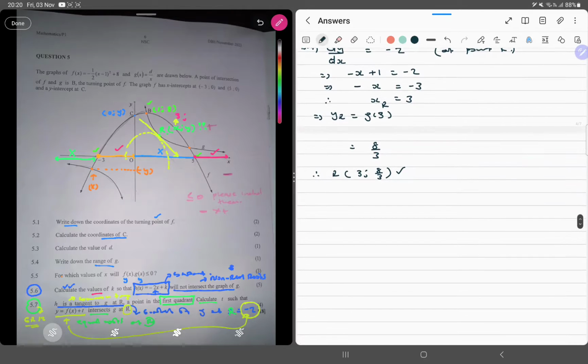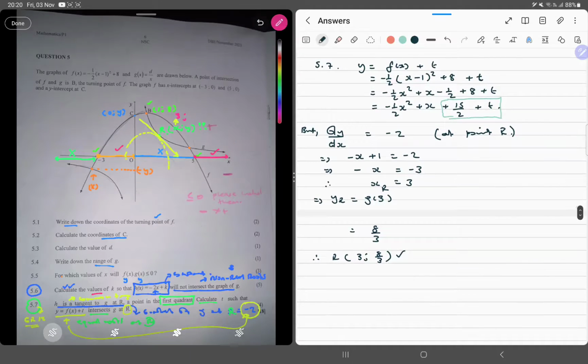Okay, great. Now what do we want, guys? We want the y value. Okay, I'm trying to think now. Oh yes, the y value at r is that.